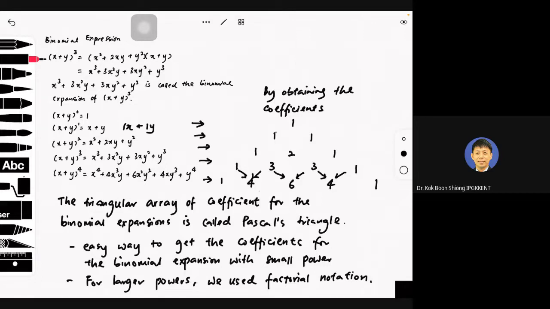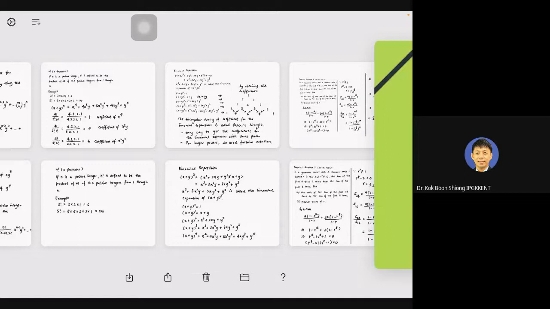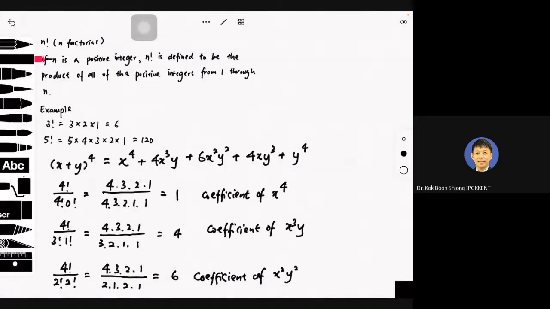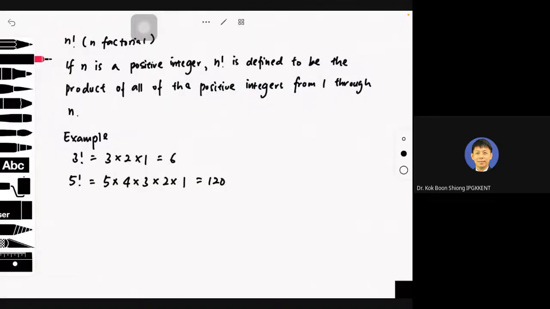Factorial notation. So what is a factorial notation? Usually we write n factorial.